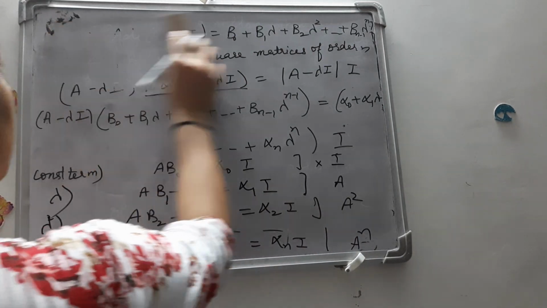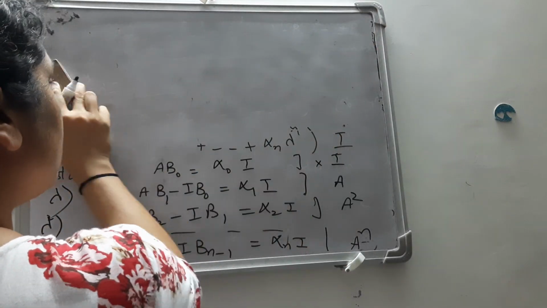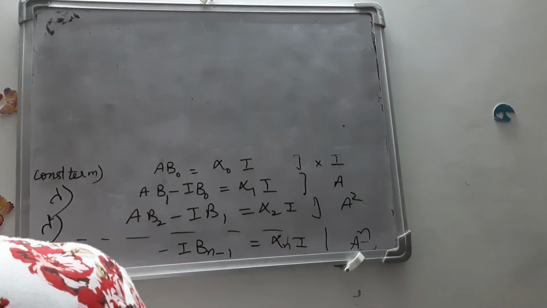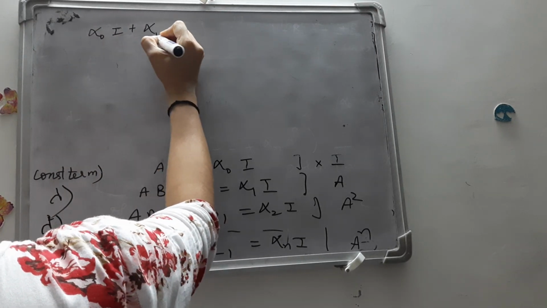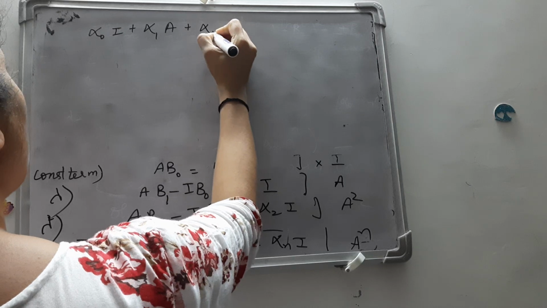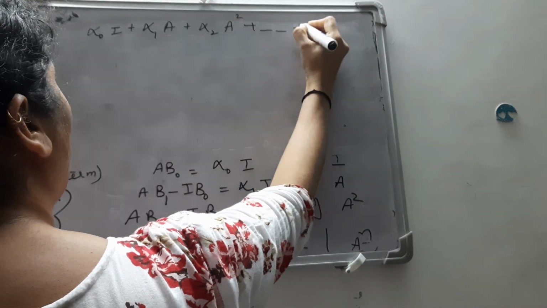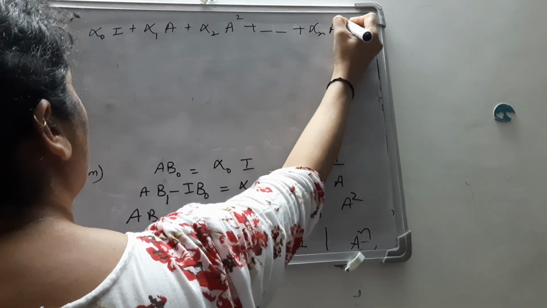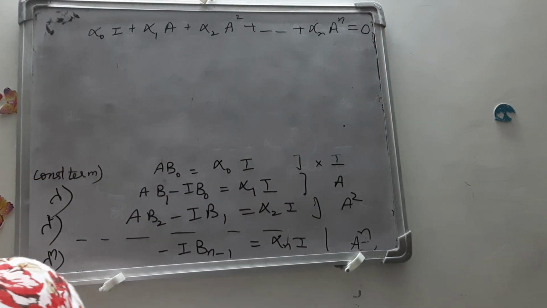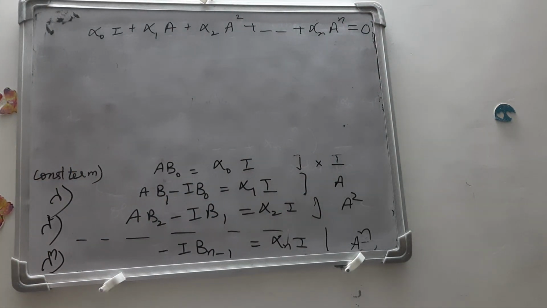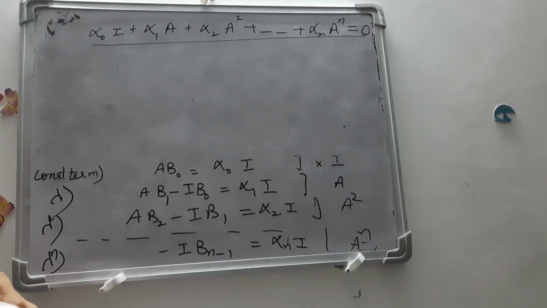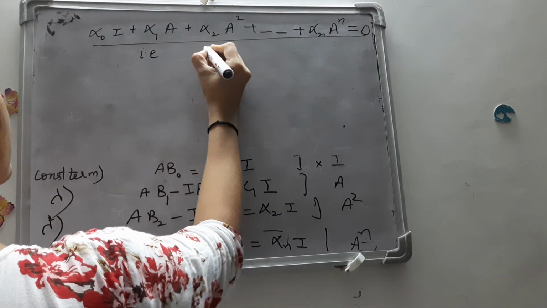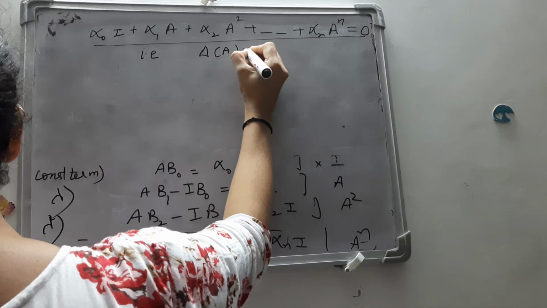After adding, we get the result alpha naught I plus alpha 1 A plus alpha 2 A square up to alpha n A power n equal to 0. Means every square matrix corresponding to a linear operator satisfies its characteristic equation. That is, we can write it as delta of A equal to 0.